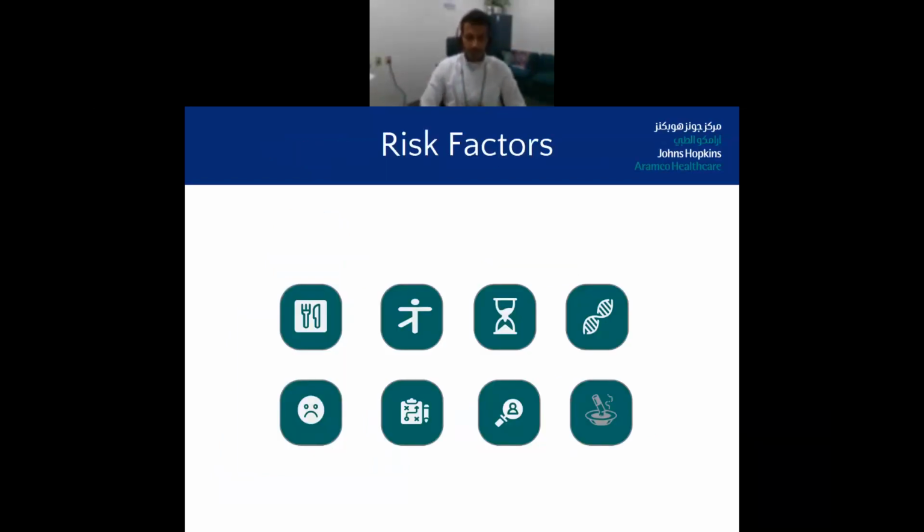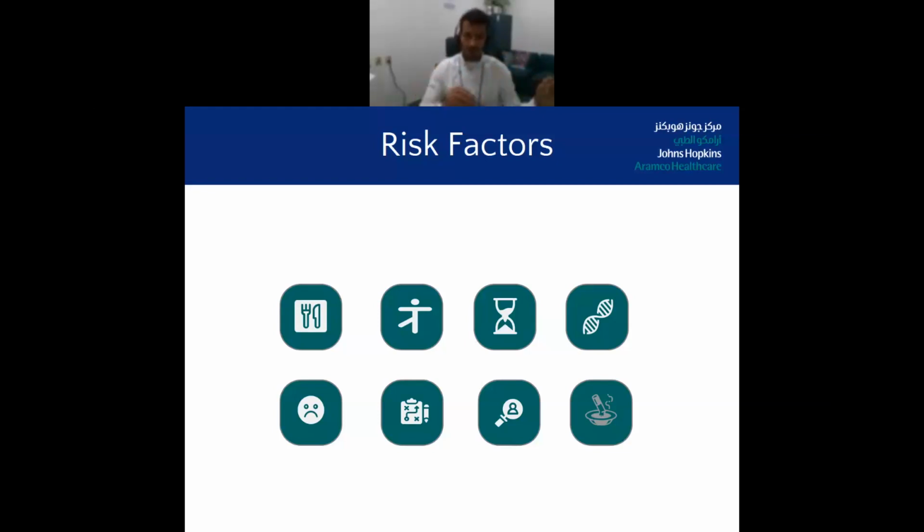So, what are the risk factors of hypertension? What could lead to developing or having hypertension? Well, poor diet. It starts with what we eat and what our eating habits are.